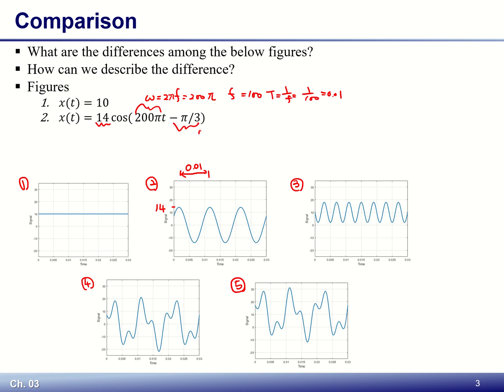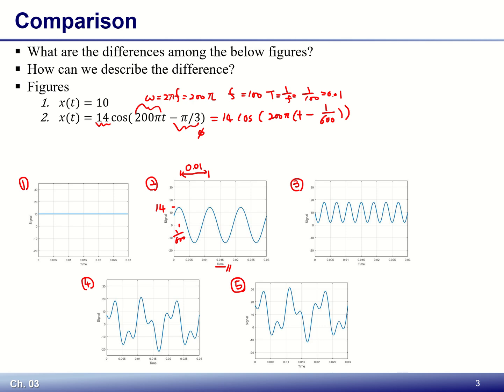This is the phase, so we can express the phase shift using time shift. Here is the time domain, the time axis. So here will be 1 over 600.